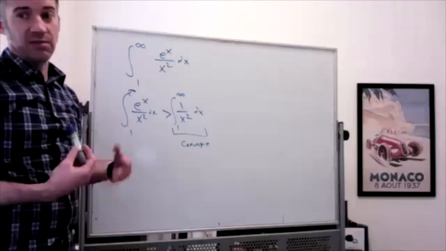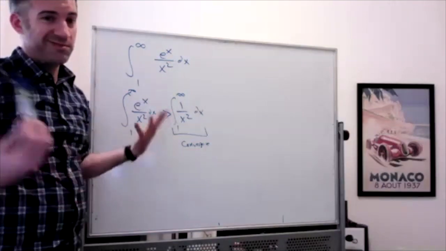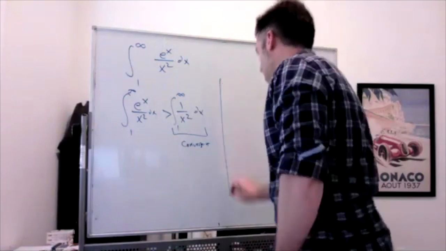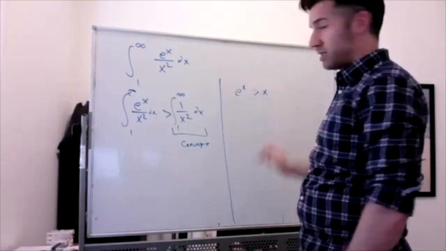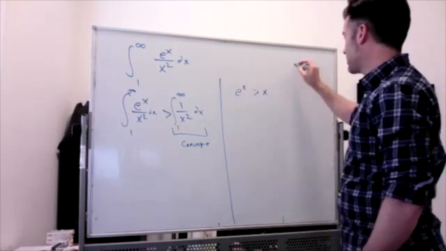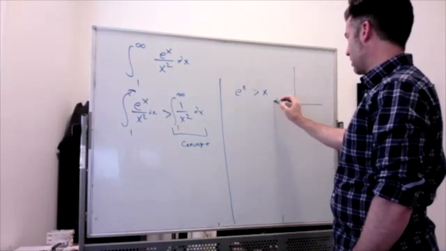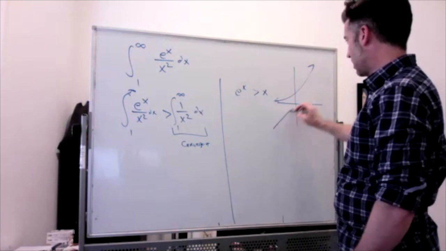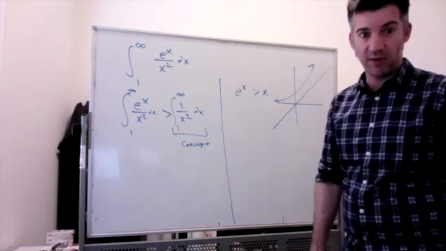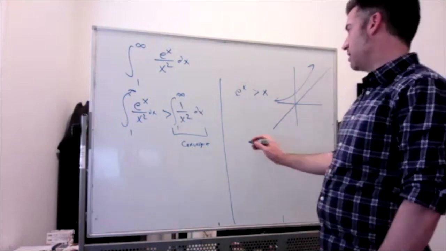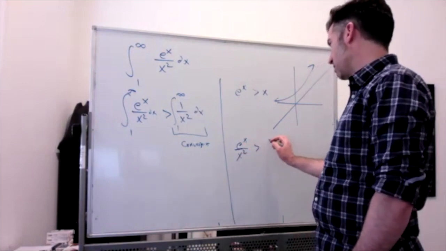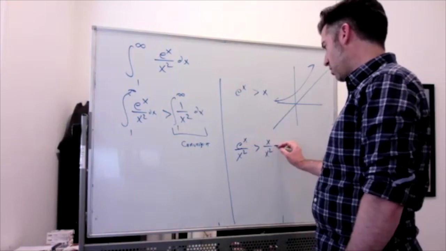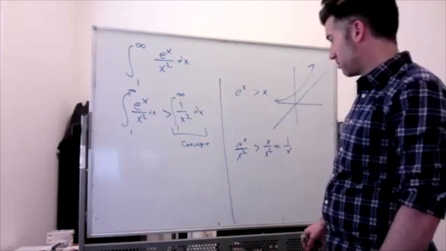So showing that something's bigger than a convergent integral doesn't help us. In this case, we need to say it's also true that e to the x is bigger than x. If you think about the graphs, e to the x is definitely always bigger than x. And then e to the x divided by x squared is bigger than x divided by x squared, which equals 1 over x.